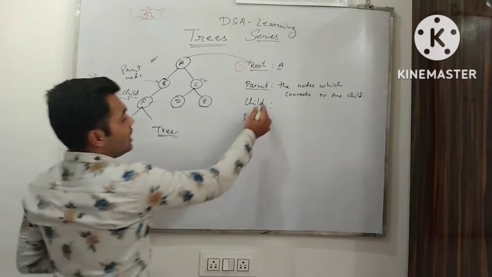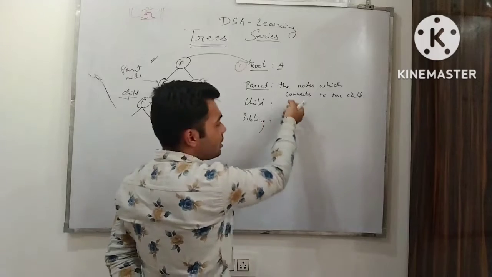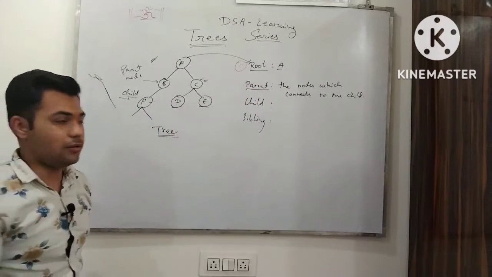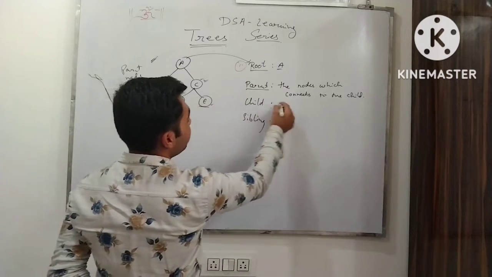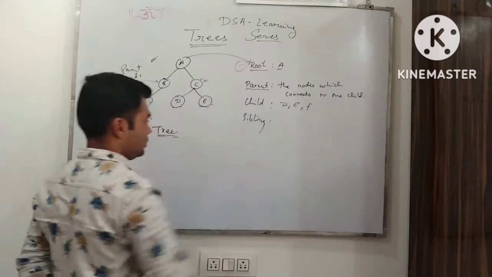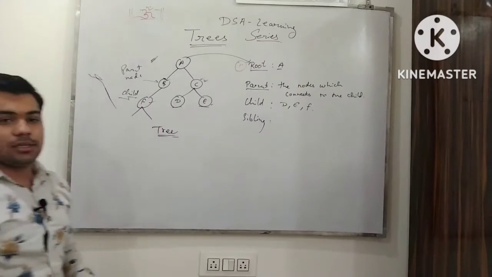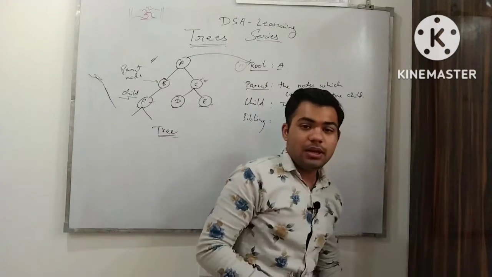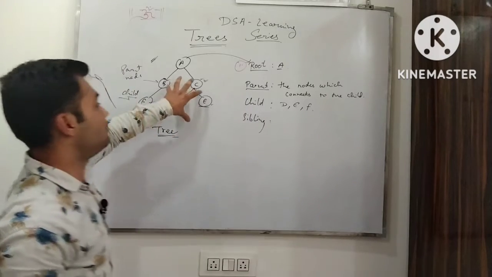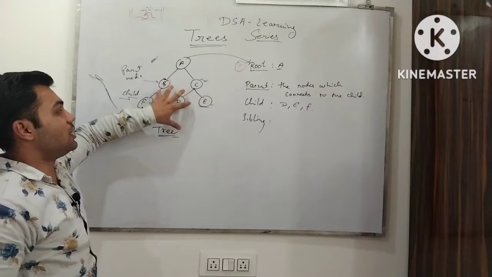Next, child. The nodes which are connected to the parent nodes are called child nodes, like D, E and F. What are siblings? Just like in our family we have our parents and our siblings, nodes also have siblings.